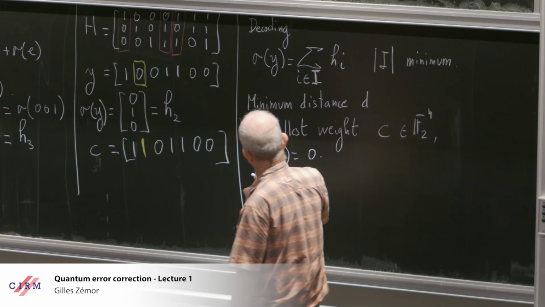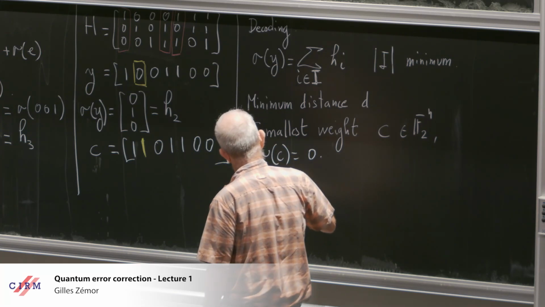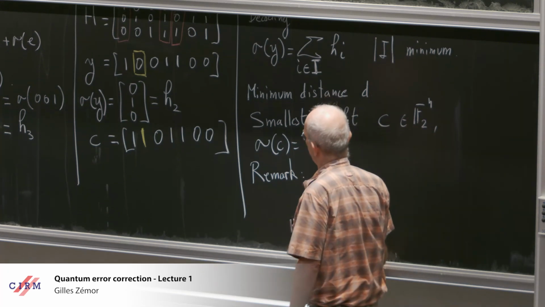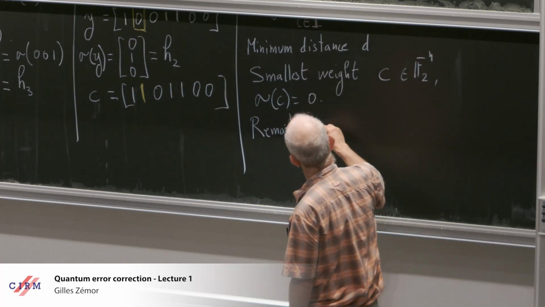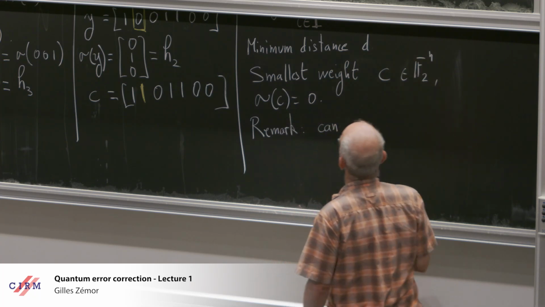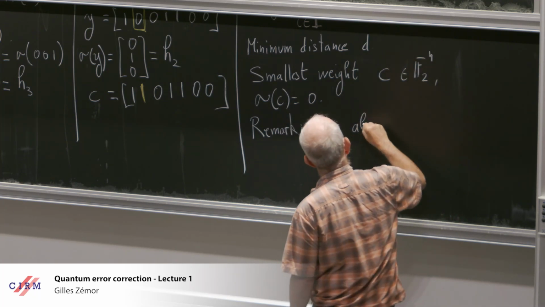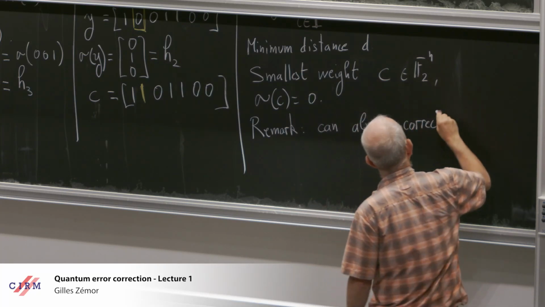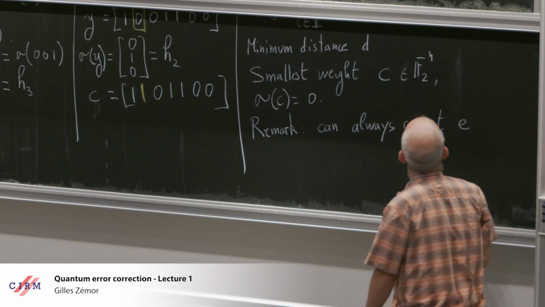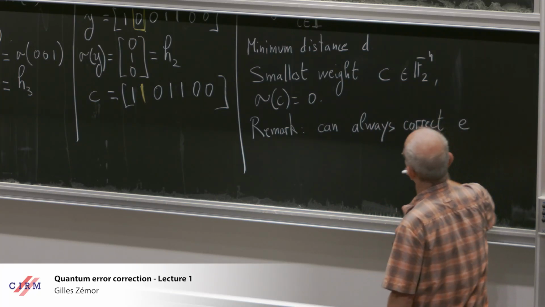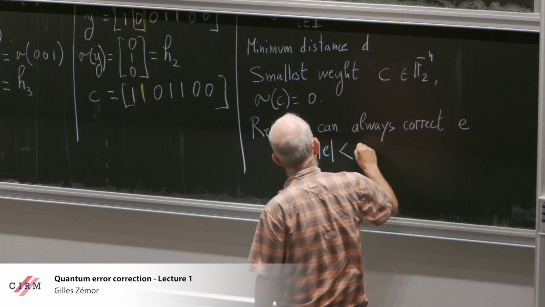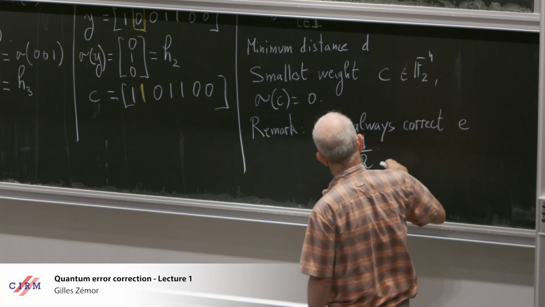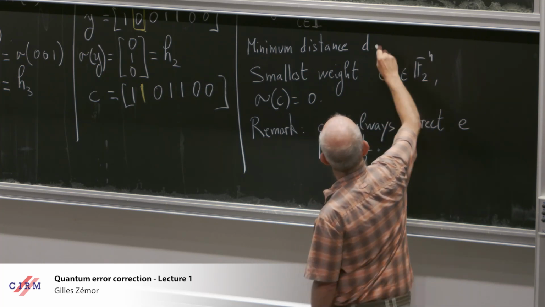And a remark which is very useful is that in theory we can always correct an error vector E of weight strictly less than half the minimum distance of the code.